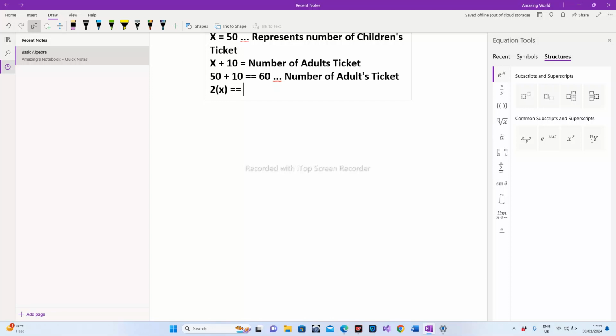That is equivalent to 2 times 50, which will give us 100. So 100 is the number of senior tickets.